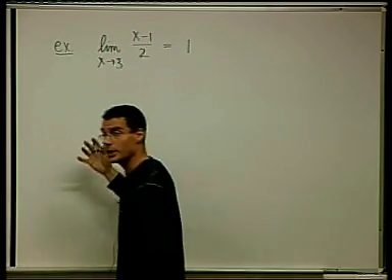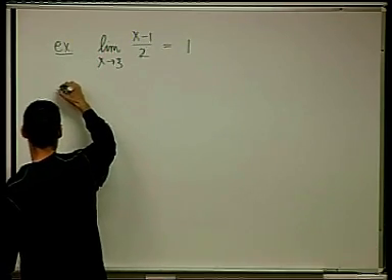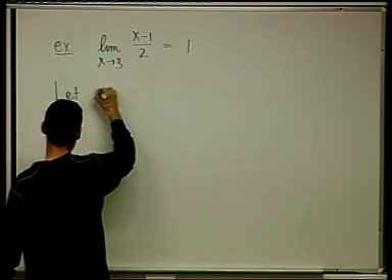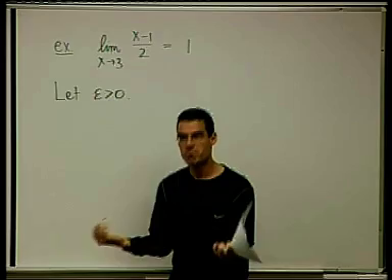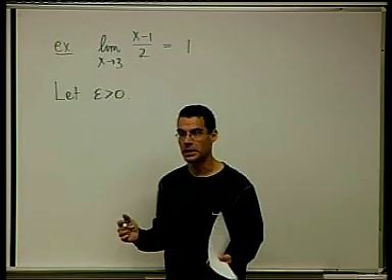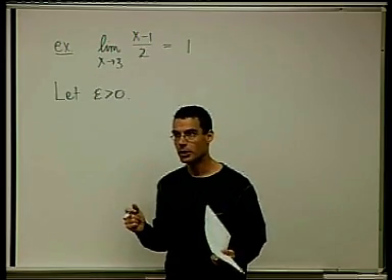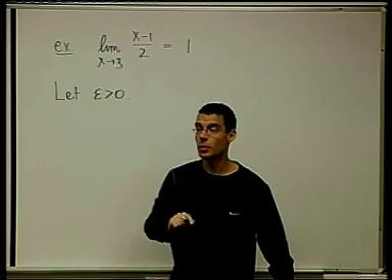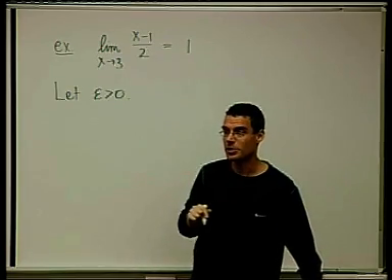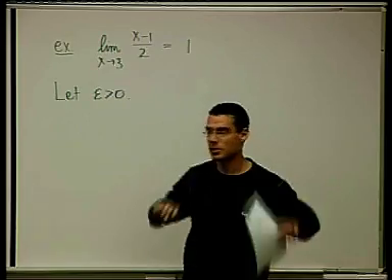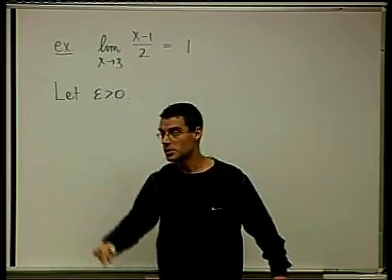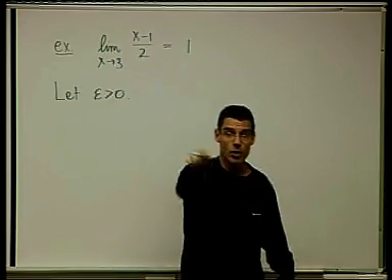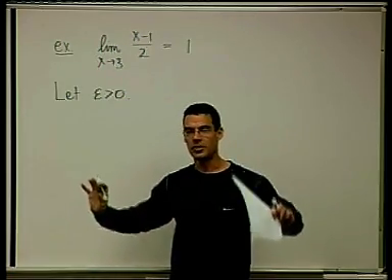So this is the way I usually work. I start by saying, let epsilon be greater than 0. Come on, challenge me. Throw an epsilon at me. I'm ready. No, you can't say 1, because that's giving a specific epsilon. Throw any epsilon at me. That's let epsilon be greater than 0. You can say 1, and you can say 17, and you can say 1 over 100, and I'm ready for you.